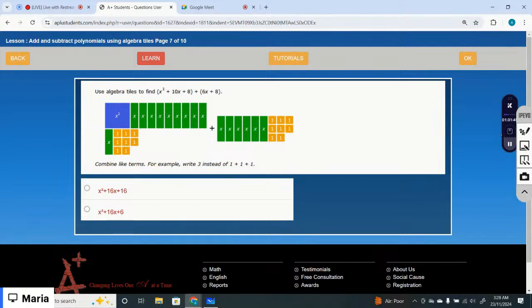X square plus 16x plus 16. Option number 1 is the correct option.